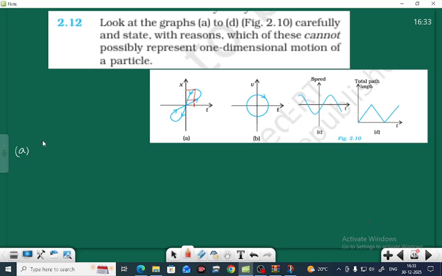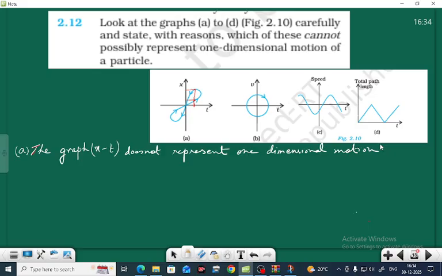So you can write that the given x-t graph does not represent one-dimensional motion of the particle.